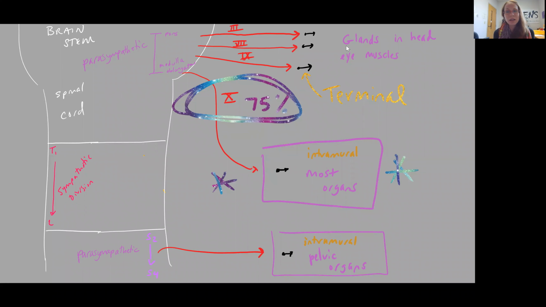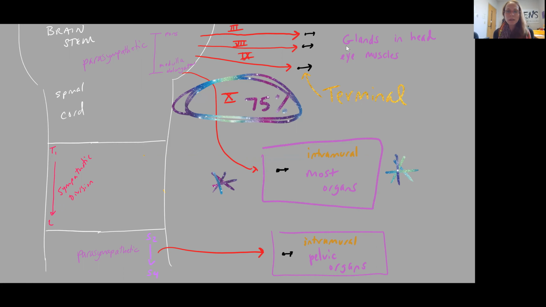Okay, so here is another representation of the organization. Again, we're seeing that our preganglionic fibers are coming off of the brain stem, so extending from the pons to the medulla oblongata. We see that we have the cranial nerves, oculomotor and facial, glossopharyngeal, and vagus. And remember that vagus is going to carry 75% of the outflow.